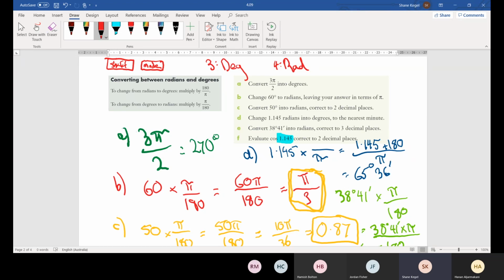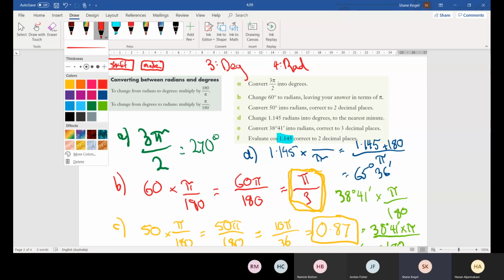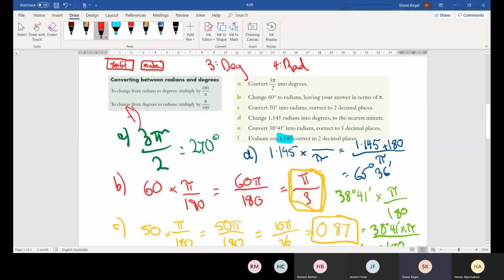That's going to give me my value, and I want my radians value correct to 2 decimal places. So once I put that in, for F, I get 0.41. Perfect.